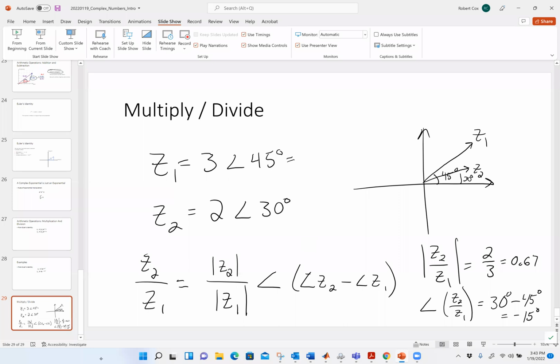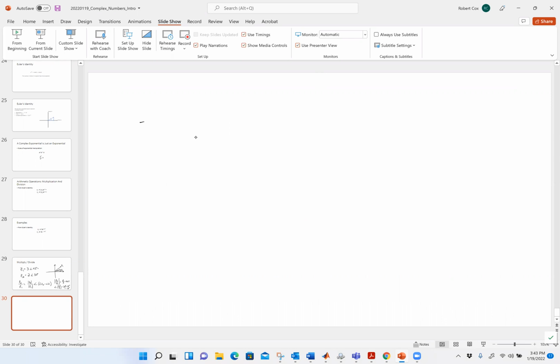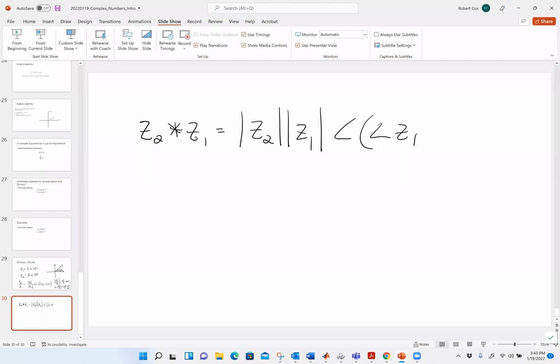Okay. What if I wanted to multiply? Well, in that case, I would say Z2 times Z1. It would be the magnitude of Z2 times the magnitude of Z1. And what do you think I would do with the angles? Would you add them? I would add the angles. Yep. So the angle would be the angle of Z1 plus the angle of Z2.